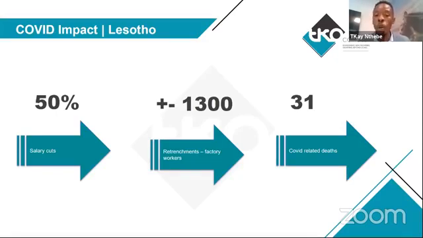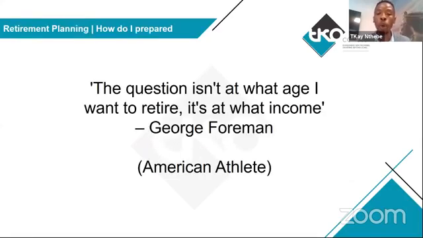A figure I found in the newspapers last week says about 1,300 factory workers are about to be retrenched. And like Mary Lebile mentioned, currently we have up to 31 people who have died due to COVID. Looking at the landscape, it really is scary.